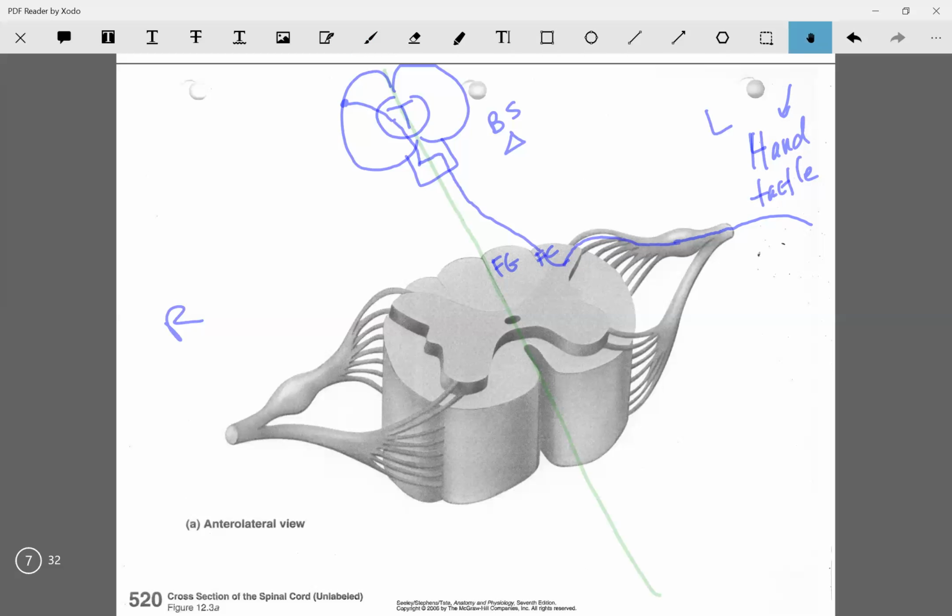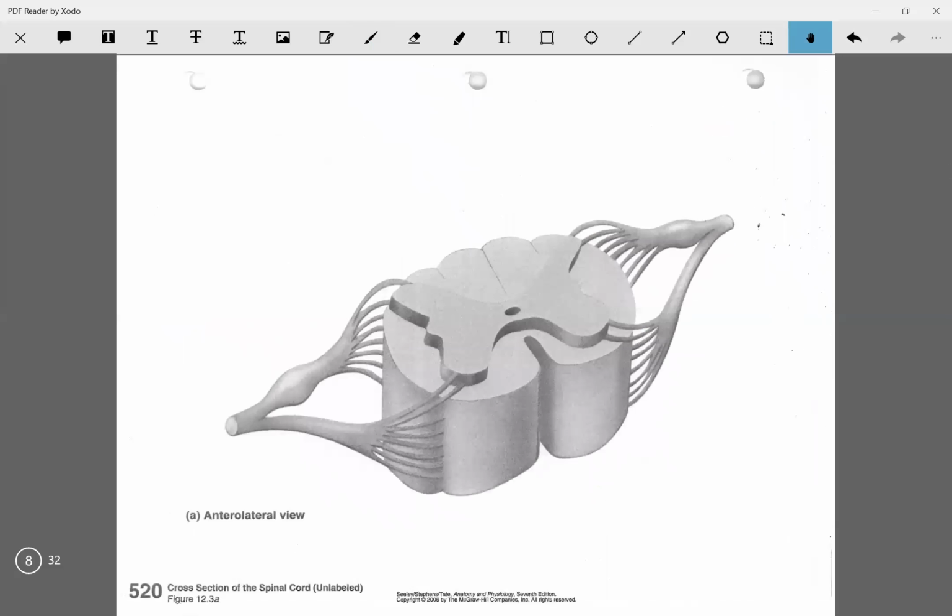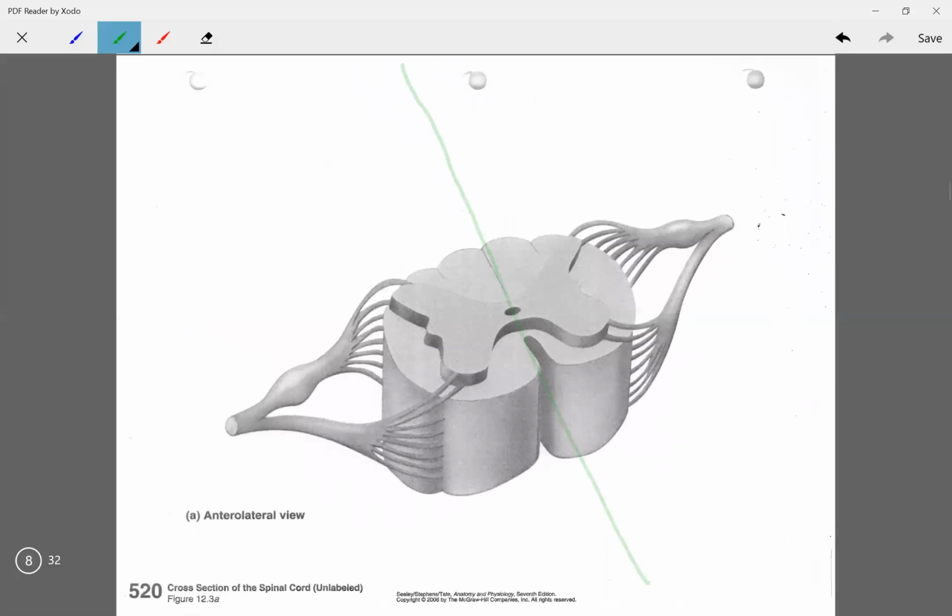Okay, let's do a foot. So you can see fasciculus gracilis. I draw the cord in half. Left side, right side of the person.